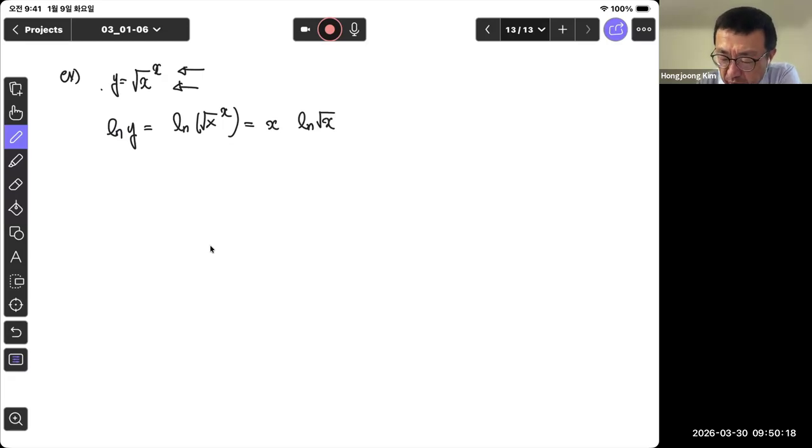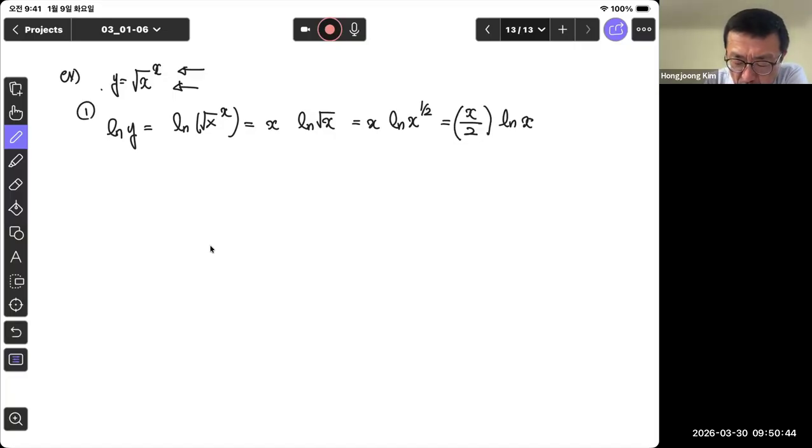Actually, square root of x is x to the 1/2, so the 1/2 can be multiplied to the ln function to get x times 1/2 times ln x. That is ln y. Now you differentiate. So that is the first step: you need to apply the ln function.